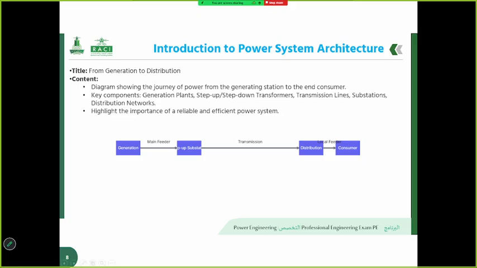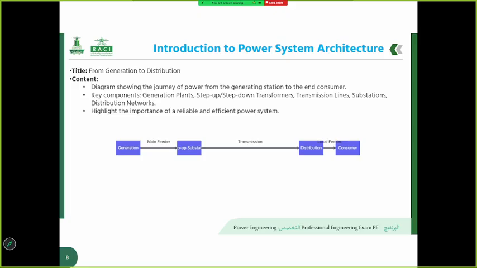Upon reaching a target region, the power enters a series of step-down substations where the voltage is progressively reduced to more manageable levels. The first reduction prepares the power for regional distribution, while subsequent reductions make it safe and usable for local networks and end users.